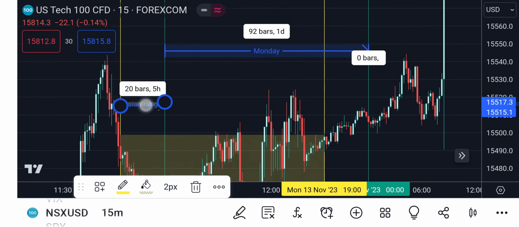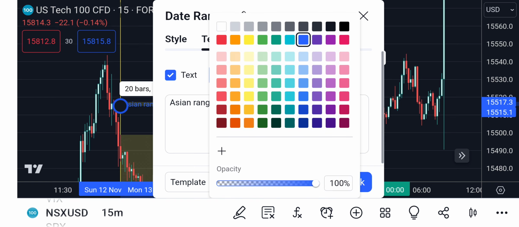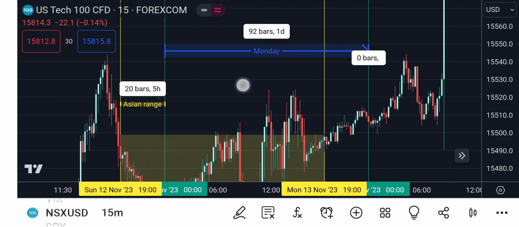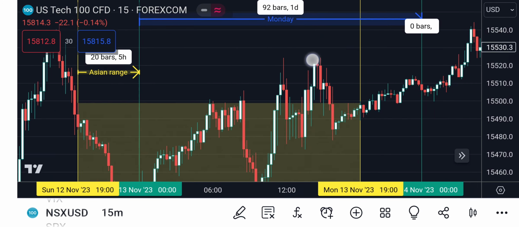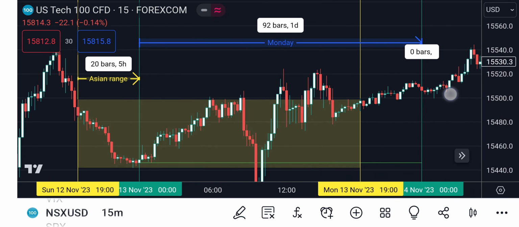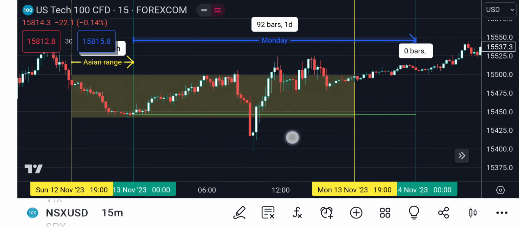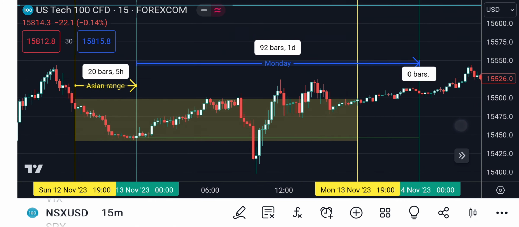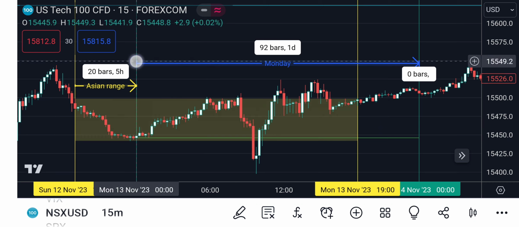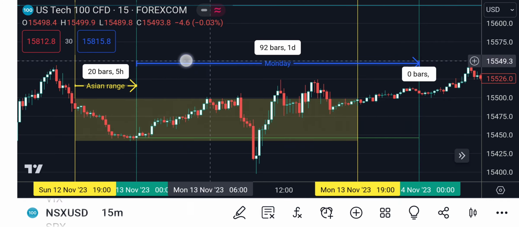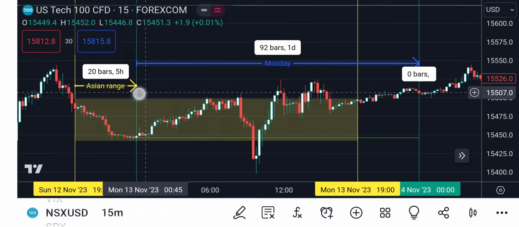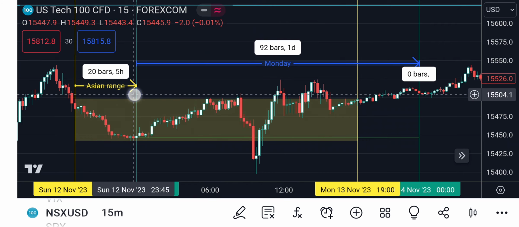So everybody can see that, right? From this point on here, this is Monday, this midnight, New York time, all the way across. That's Monday's trading. And then from this point here to this point here, that's the Asian range.